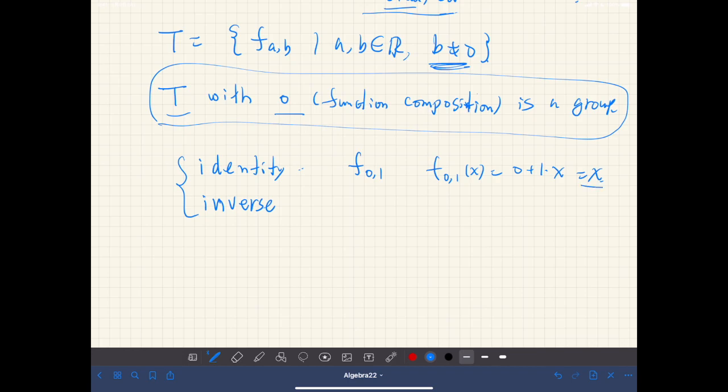So this should act as the identity element for this group. And what about the inverse? If we have a, b, then what is this function? If this is the identity function, then this should be equal to this.